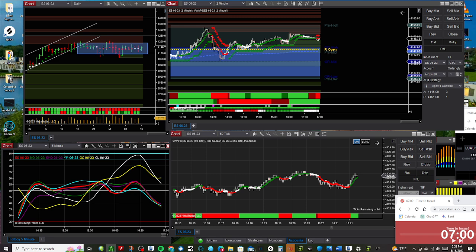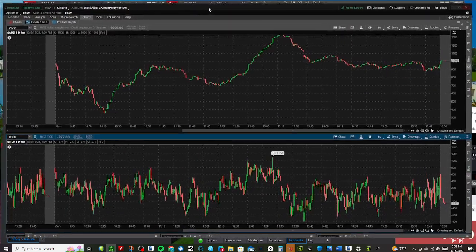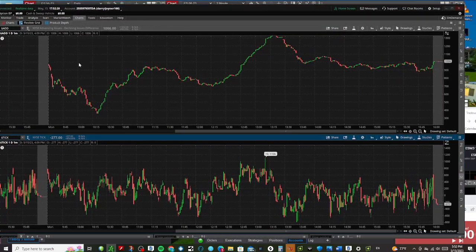If we are to bring that in and look at it for today, it confirms the activity that we saw on the 2-minute chart. Market opens, we go down on the advance decline line, and the NYSE ticks are relatively downward, moving towards 0.